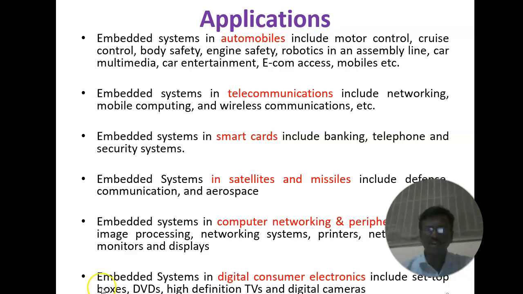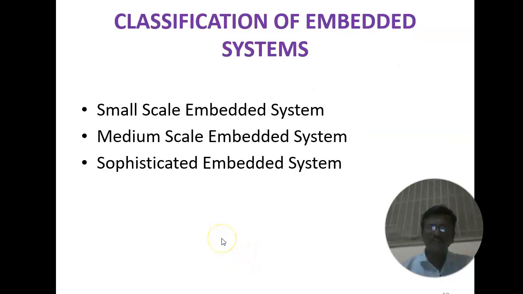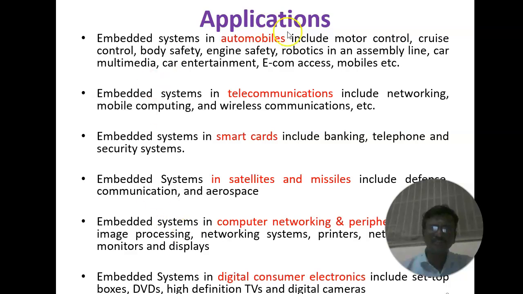DVDs, set-top boxes, high definition televisions, digital cameras, and most of the components we are using in our home are embedded products. You know that our washing machine is an embedded product. So these are some of the applications of embedded systems. In various fields we are using these embedded systems today. Every one of you knows that.